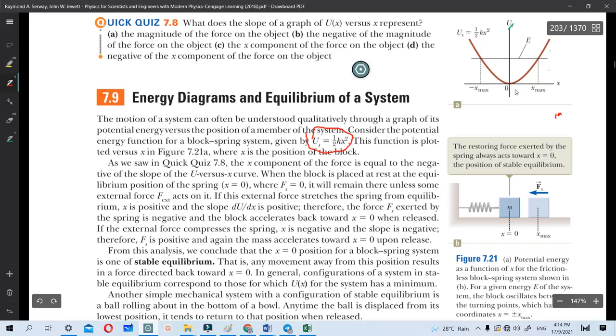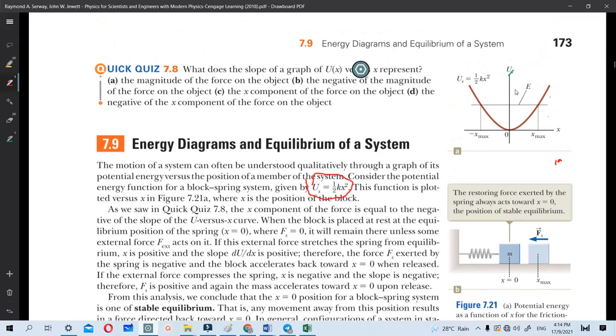Okay, so you can see given here the energy graph, the energy diagram, and how the potential energy changes. The potential energy just stops here actually.